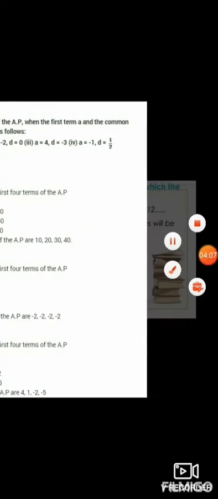Now the next question: find the value of k for which the given series is in AP: 4, k minus 1, 12. If the series is in AP, it means the difference between the consecutive terms remains the same. It means the second term minus the first term is the same as the third term minus the second term.